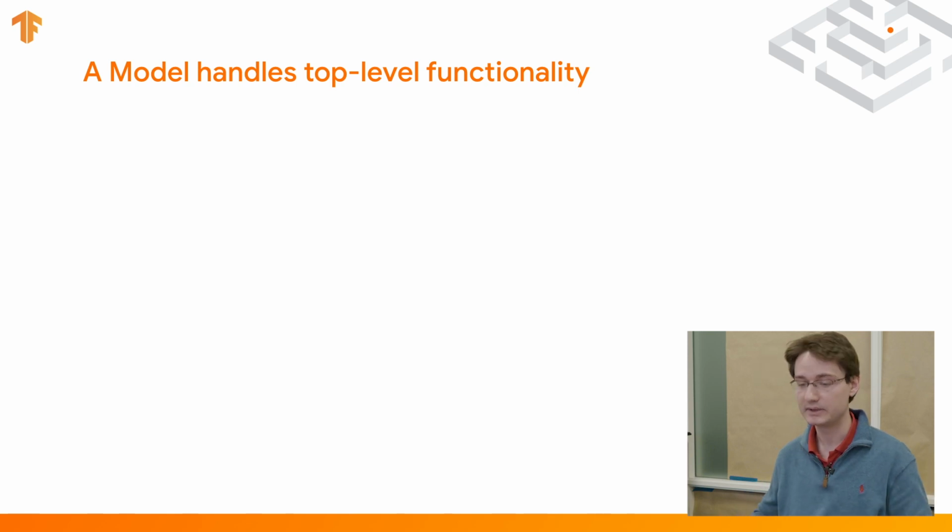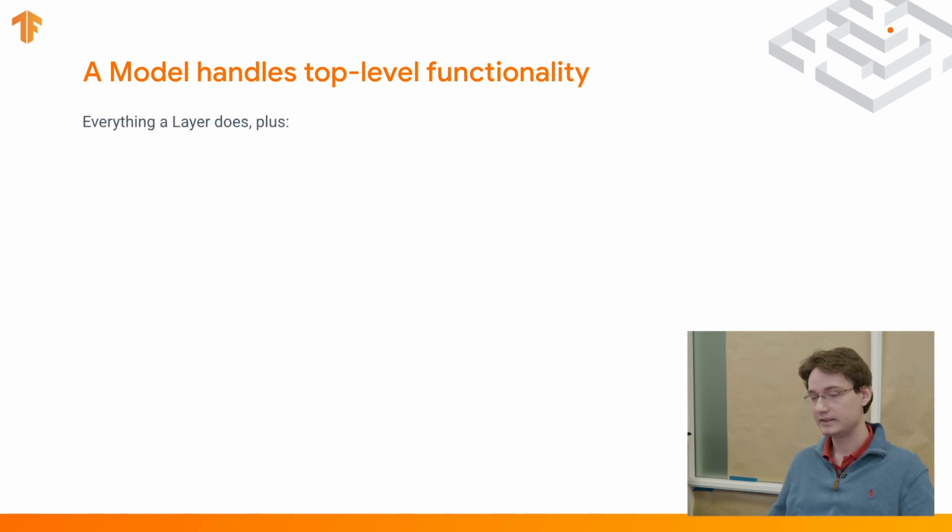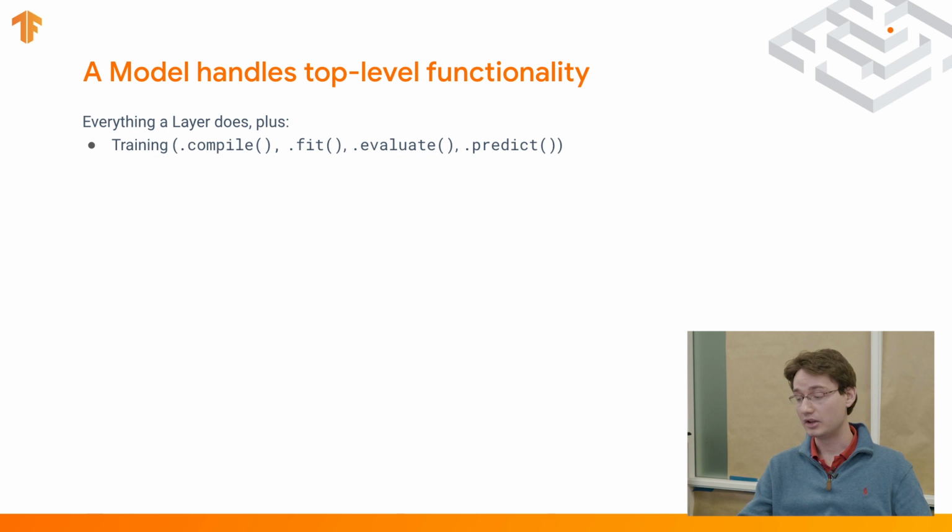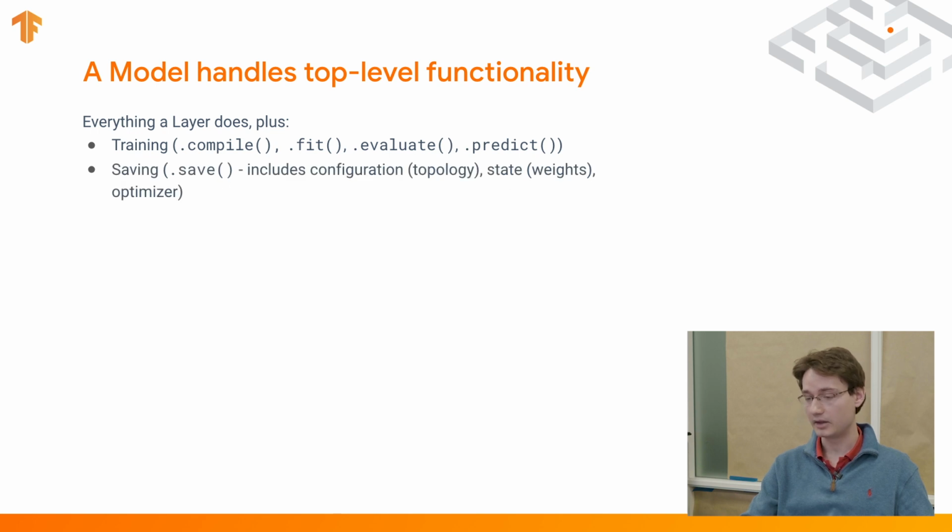So what's the difference between a layer and a model? In short, a model handles top-level functionality. So a model is a layer, so it does everything a layer does in terms of network construction. It also has these compile, fit, evaluate, and predict methods. It's also about saving. So when you call save, that includes not only the configuration of the model, like the getConfig thing we saw previously, it also includes the state of the model, like the value of the weights.